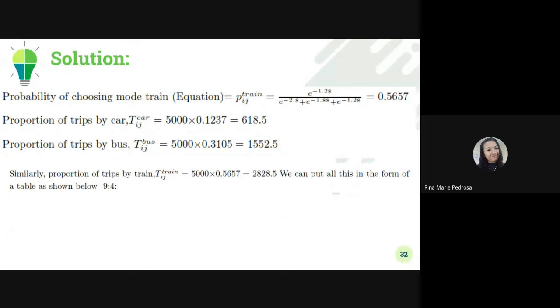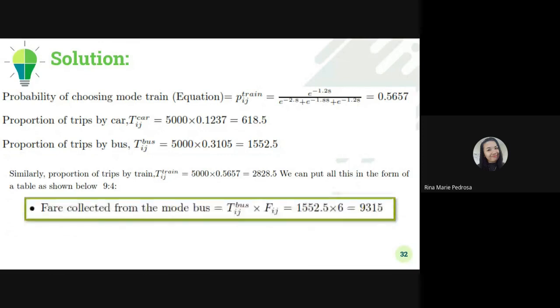So we can put all this in the form shown in the previous table.